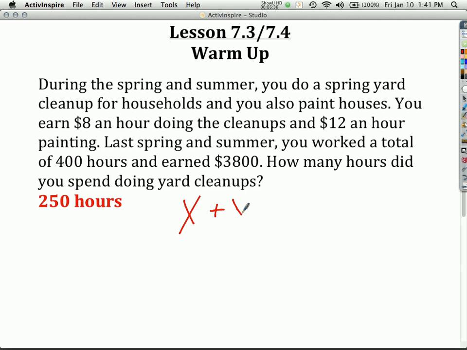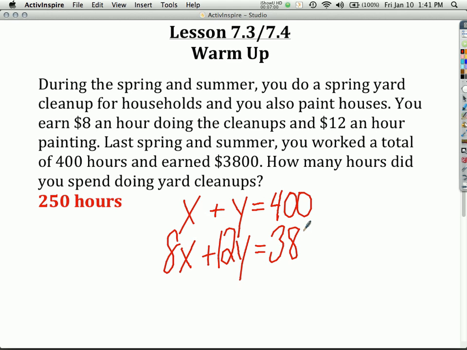X plus y equals 400. What was the second equation that, with that, formed a system? 8x plus 12y equals 3,800.